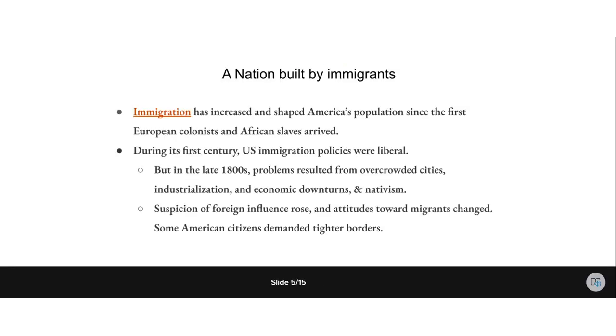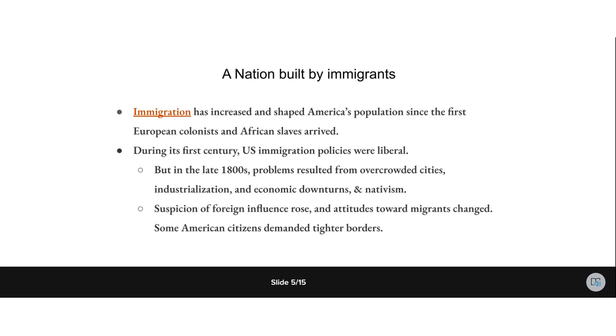All right, so as many of you may have heard the phrase, the United States is a nation built by immigrants. Immigration has increased and shaped America's population since the first European colonists and African slaves arrived on these shores.